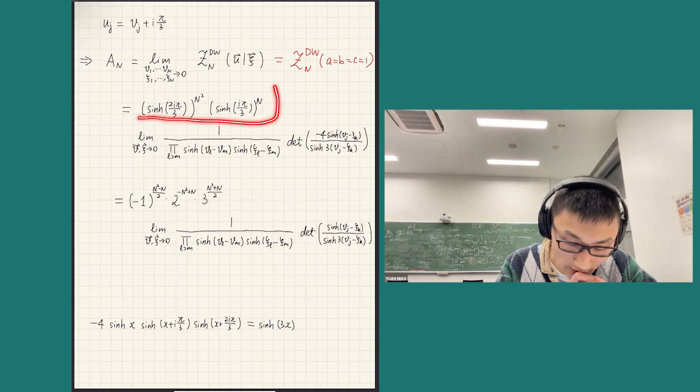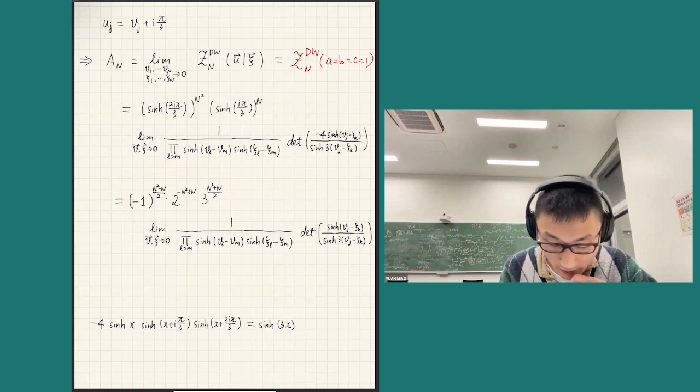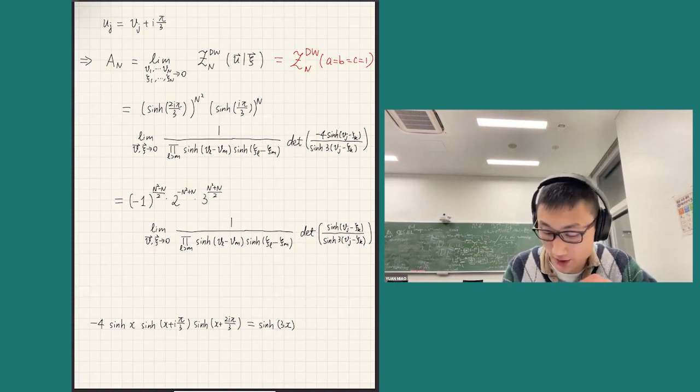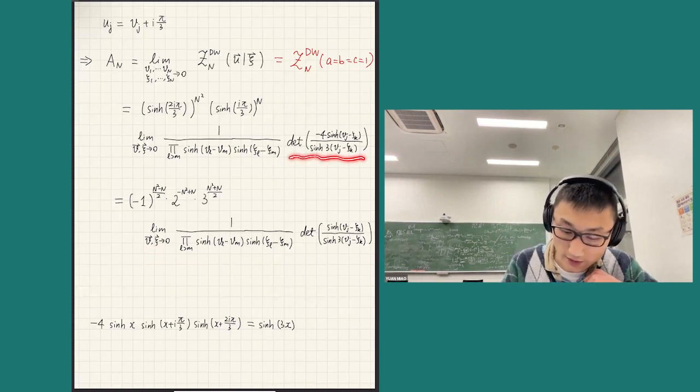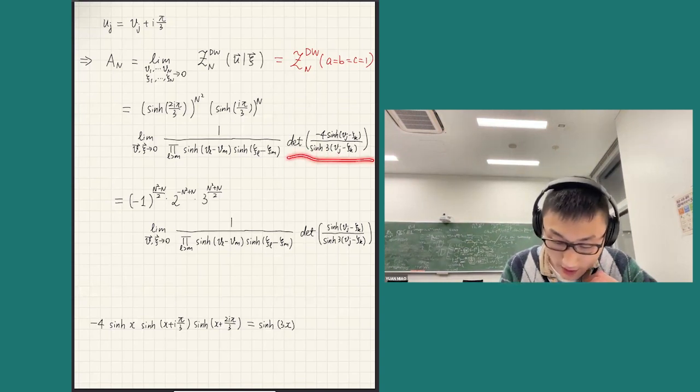Because for these two parts, these are just constants that will appear here. What's really non-trivial is to take the limit when all the v's and xi's go to 0 of this determinant.